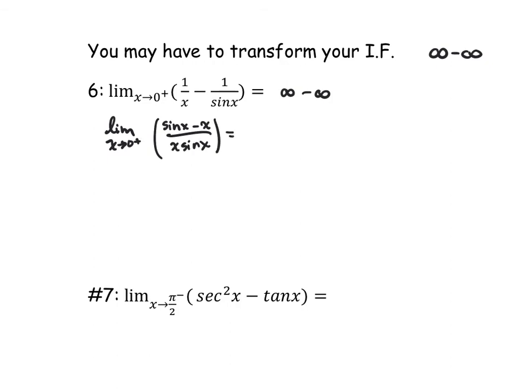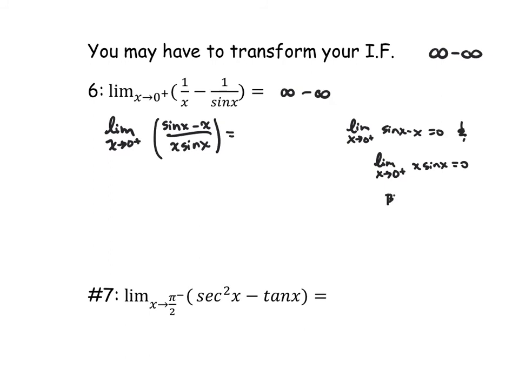And typically it'll end up being a form where we want to use L'Hopital's rule. All right, so the limit as x approaches 0 from the right of sine x minus x ends up equaling 0. And the limit as x approaches 0 from the right of x times sine x also equals 0.